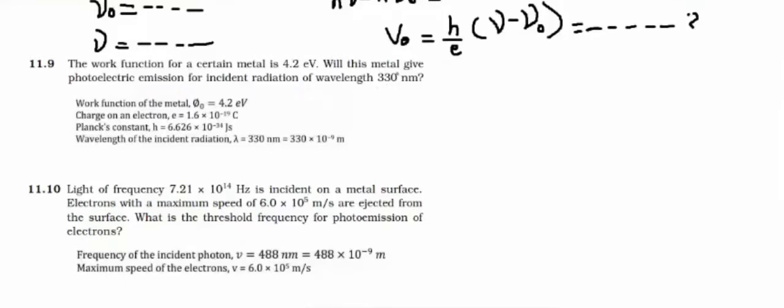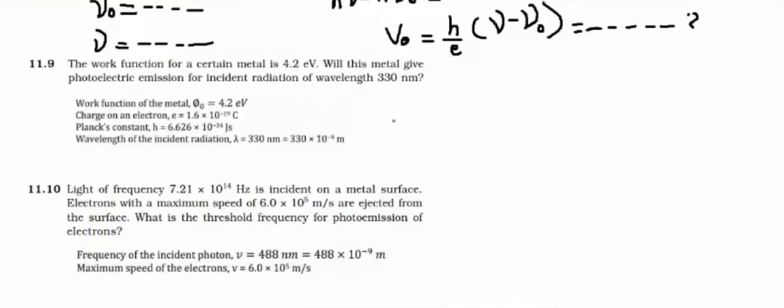You can convert this wavelength into frequency. Then this 4.2 electron volt you can convert into joules. Then find the frequency corresponding to that using the formula E is equal to h nu. Then you can verify whether the given frequency is greater than threshold frequency or less than threshold frequency.